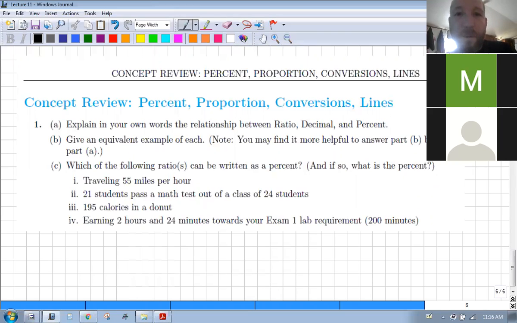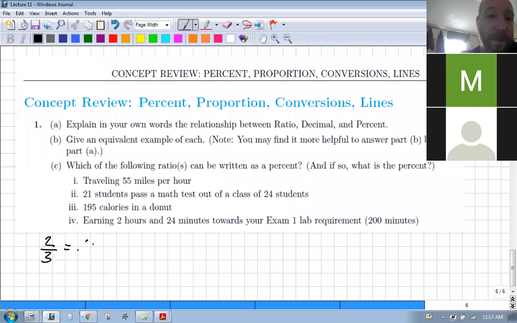Explain in your own words the relationship between ratio, decimal, and percent. Okay, give an example of each. You may find it more helpful to answer part B before part A. And then we'll look at part C. Ratio, decimal, and percent. Well, let's look at like 2/3, right? 2/3 is a ratio.